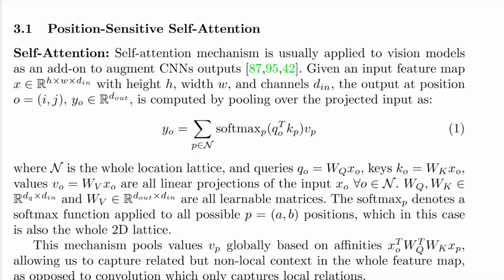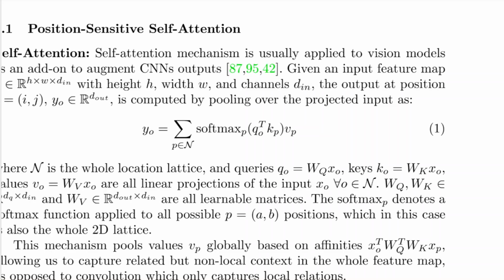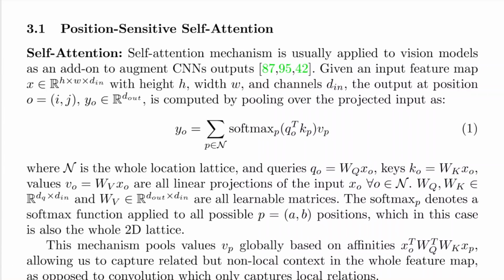Okay, so if we're going to build up our model right here, the basic element of this model is going to be this self-attention mechanism. Now, quickly, because I know you all know what it is, you want to perform this action right here over a region right here.